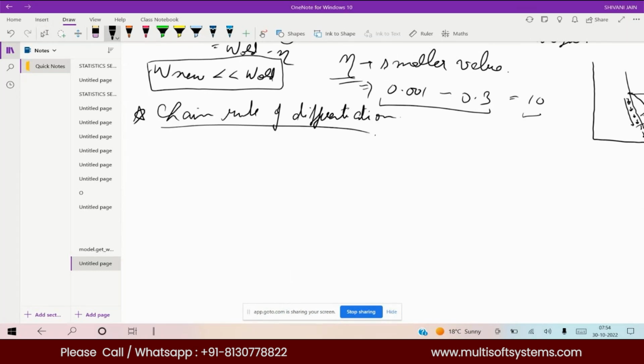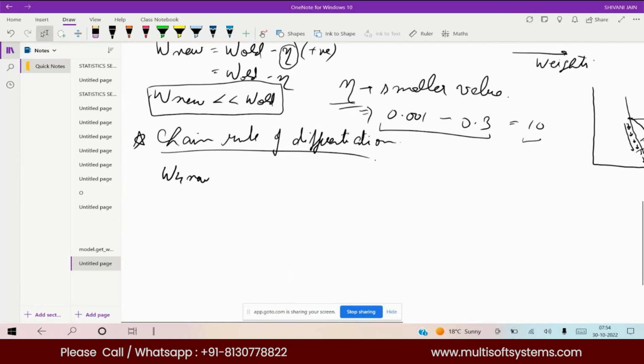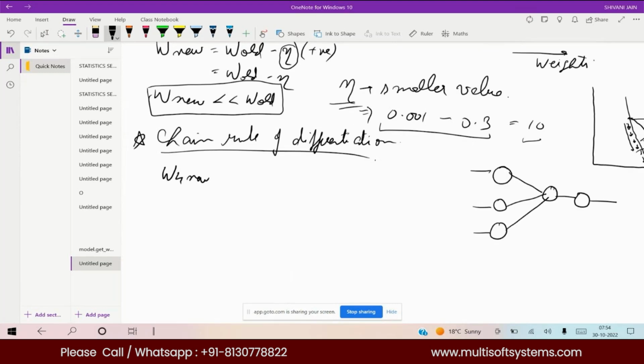We are continuing with the weight updation formula. Let's suppose I want to update the weight W4. This is my W1, W2, W3, W4. The output coming from this is O2.